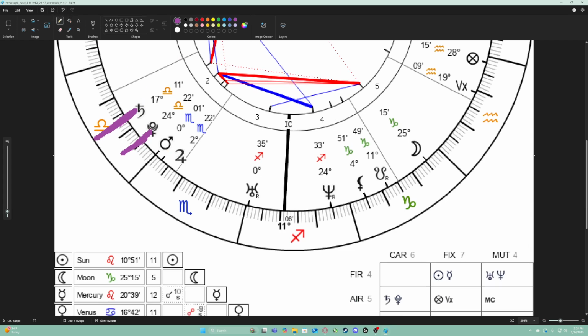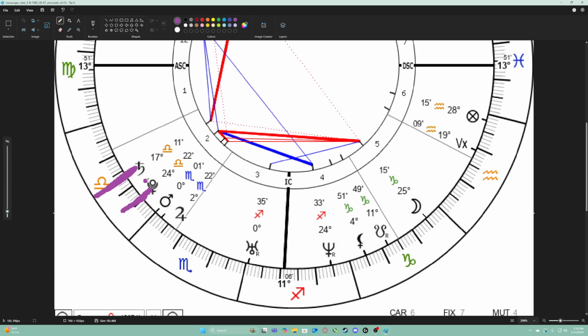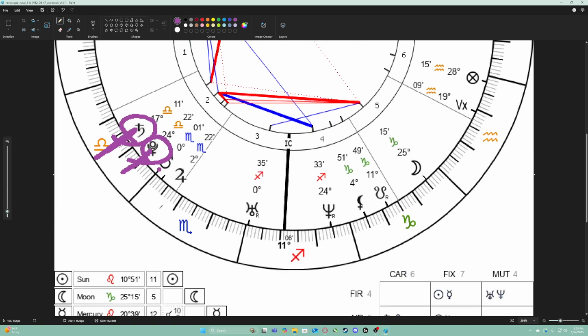So these two lines right here, right? That's a conjunction. If you see here, they're within, I would say, about 5 or 6 degrees, each little notch is a degree. I think that's about 10 degrees from the end of Libra here. But this is a conjunction. These planets, Saturn and Pluto, are extremely close to one another.